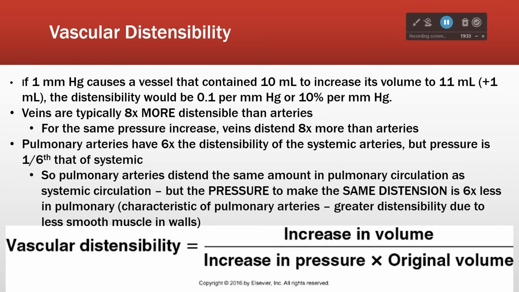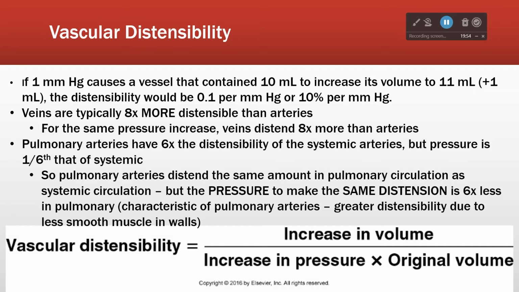These vessels are about the same size, even though the pressure that they contain is 6 times different, right? So it means that the pressure to make the same distension in the pulmonary veins, or arteries rather, is significantly less than in the systemic.